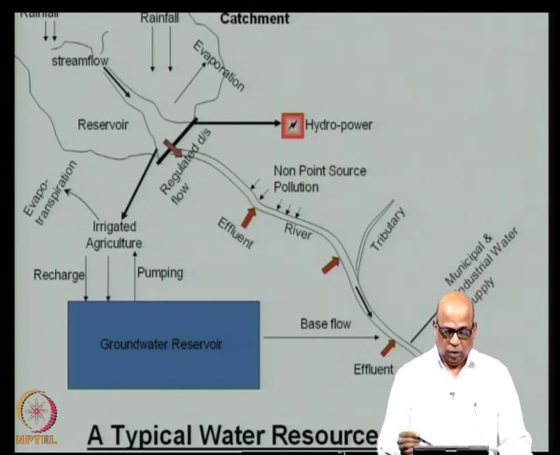On the other hand, you may ignore this reservoir, simply look at the stream on the downstream, and then look at the water quality aspects of it, how best to maintain the water quality.